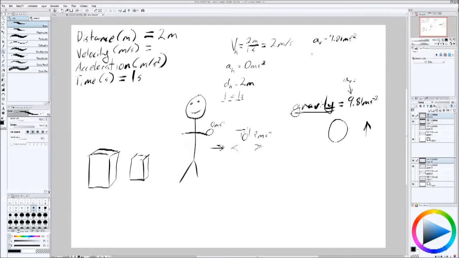So now all we have to worry about is V vertical and D vertical. Now this is something to bear in mind. The distance is always going to be a change in. So remember, the delta symbol means change in.